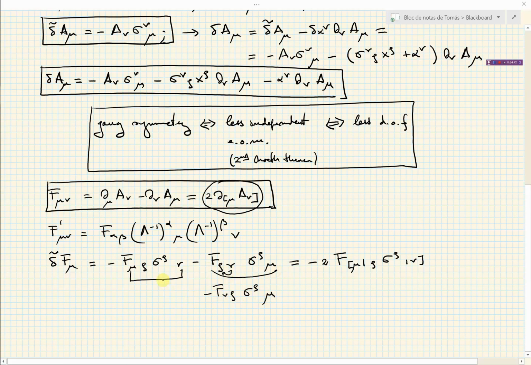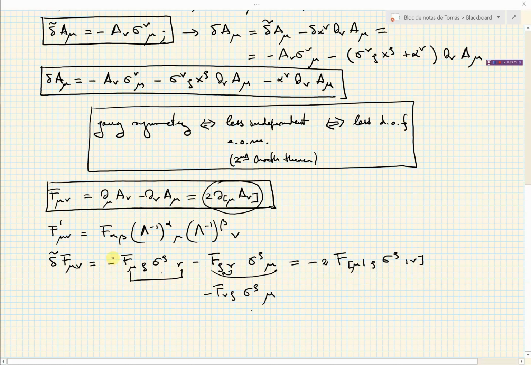And now you compare this term and this term, which come with different signs. This comes with a minus, this comes with a plus. One is the other after the interchange mu nu. Of course, if F mu nu is antisymmetric, this transformation has to be antisymmetric. And so we are going to express it in this way.